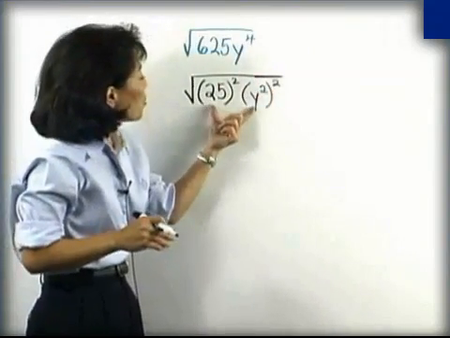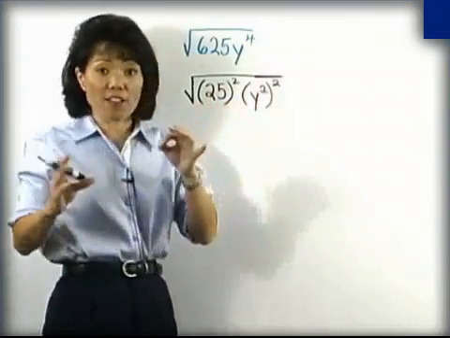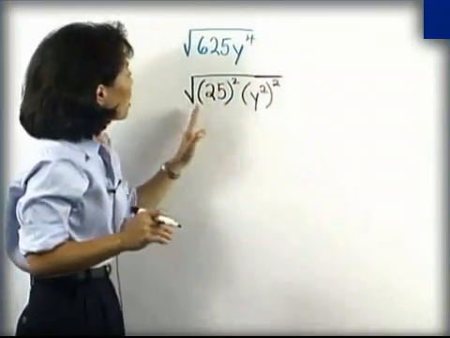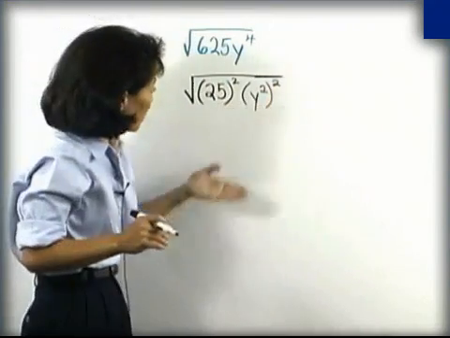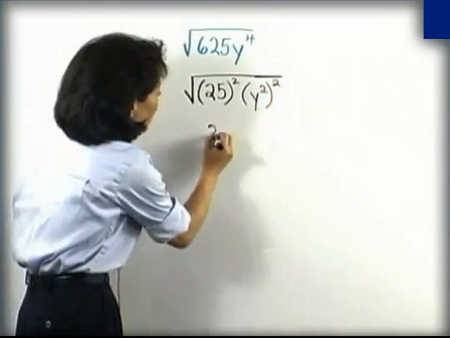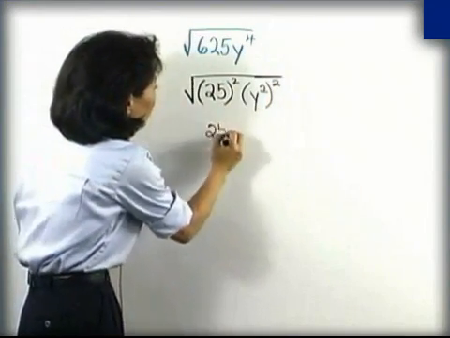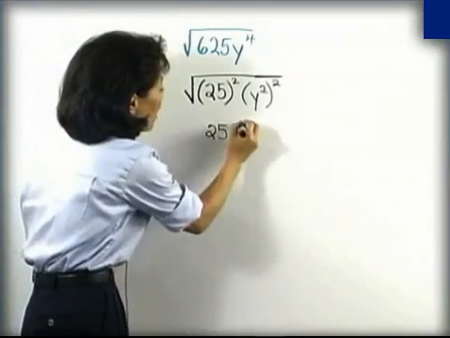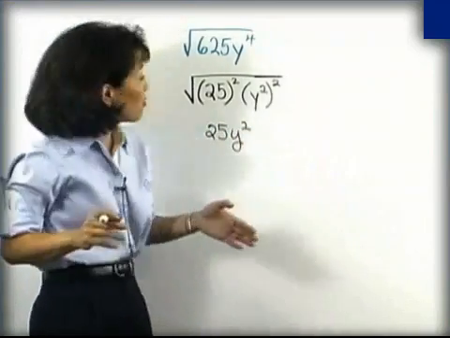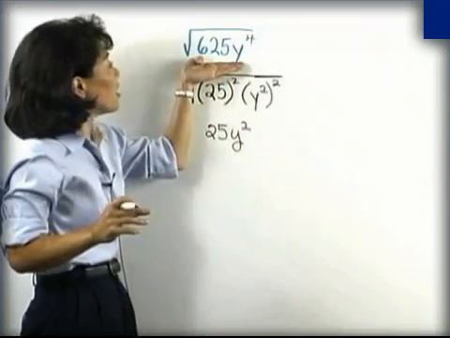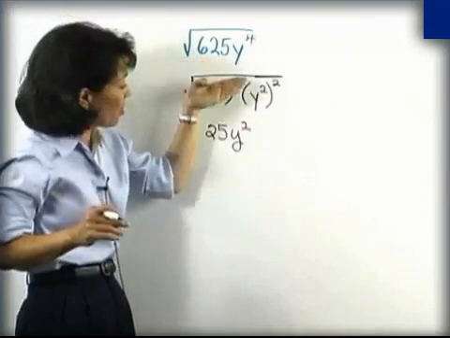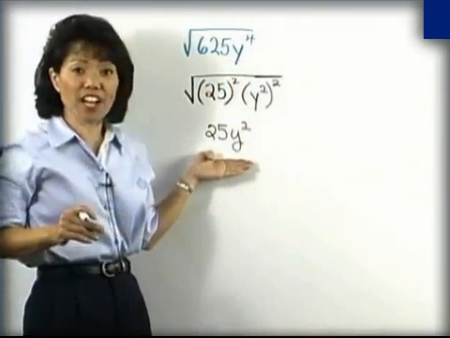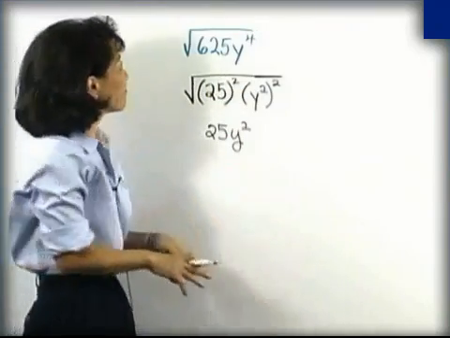Now that we have each of these quantities written as perfect squares, we know the square root symbol allows us to take them outside. So we're going to get 25 and our y squared. So that tells me then that the square root of 625 y to the fourth simplifies to 25y squared.